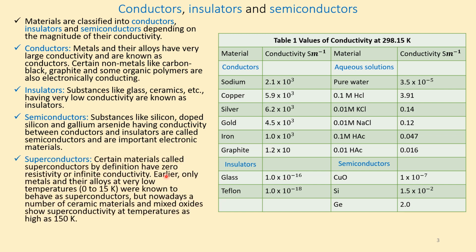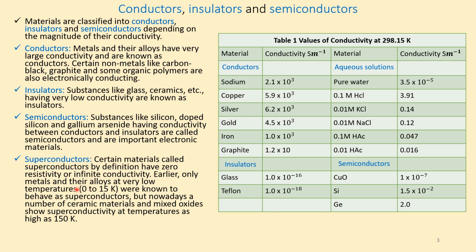In addition to the above three classifications, we have superconductors. Certain materials called superconductors by definition have zero resistivity. So, in the case of superconductors, the resistivity is zero, that is infinite conductivity. That is 1 over 0 is infinity.